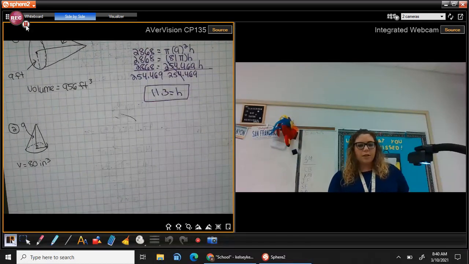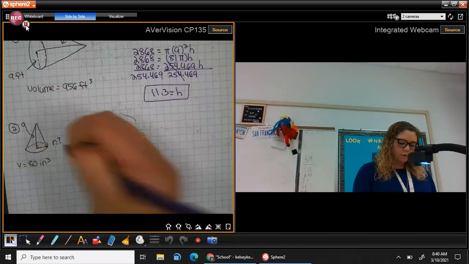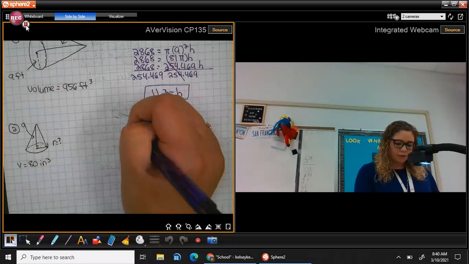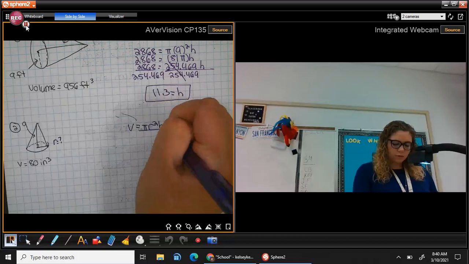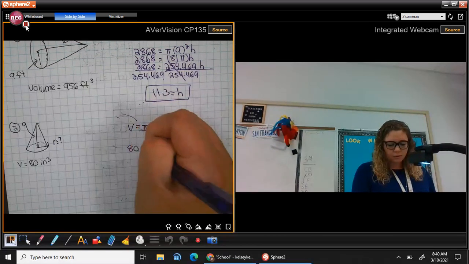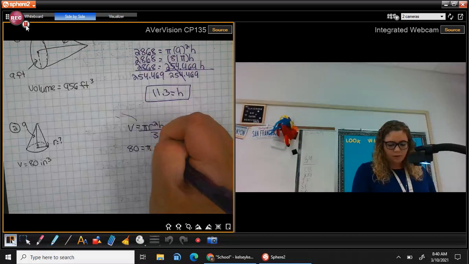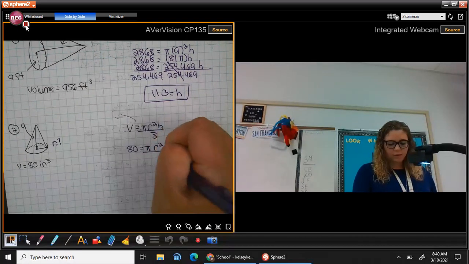This last one, they want us to find the radius. Okay. So again, I'm going to use my formula and plug in what I know. I know the volume is 80. My pi, we don't know my radius, but my height is 9. Divide by 3.